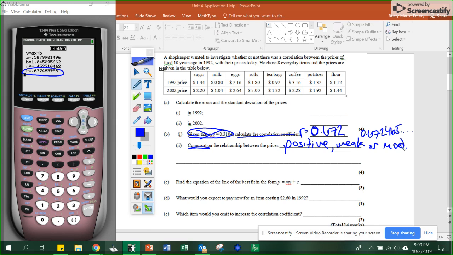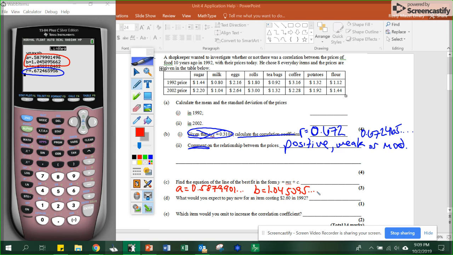And then remember for part C, it's these a and b values that give you your line of best fit, right? So what I would do is write down a, write down the unrounded answer. So that's 0.5879901, so on, so on. b, do the same thing, 1.045095, so on.